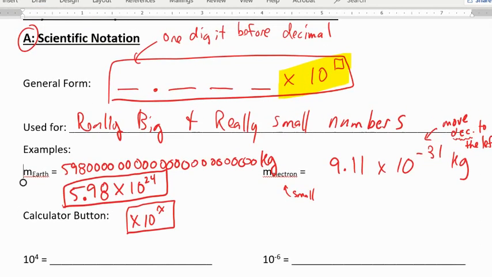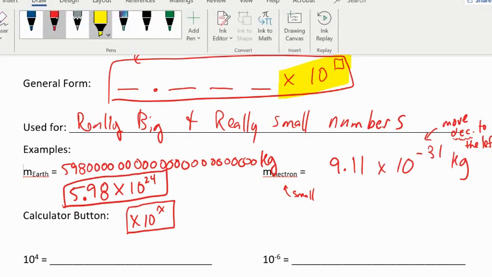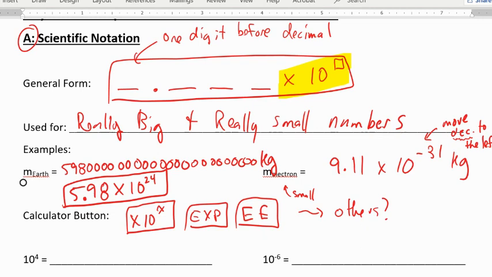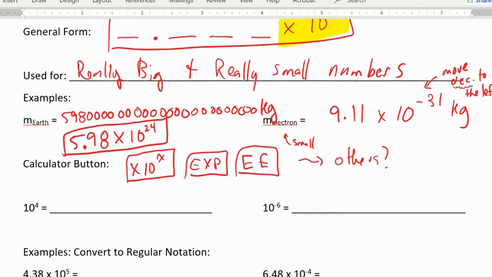So it's best that we go and find that button on your calculator. Mine is an EXP button, but it really represents the same thing. Some calculators have an EE button. You really should take a minute and go and find yours, because it'll be an important button as we go through the course.